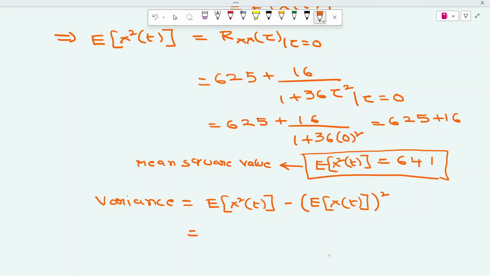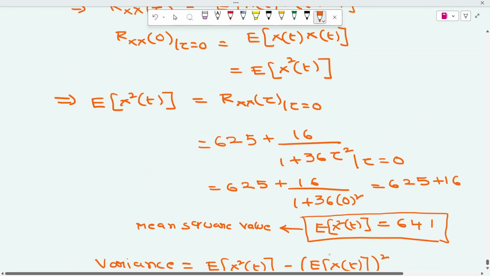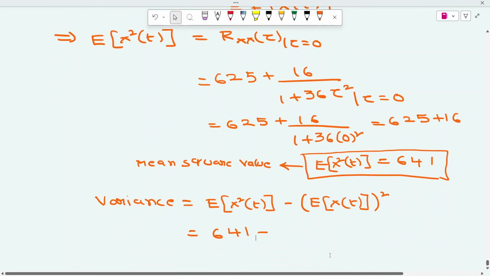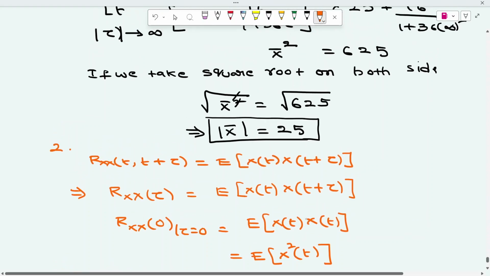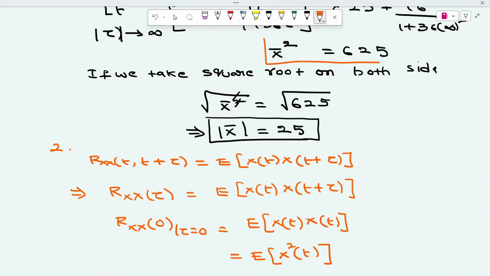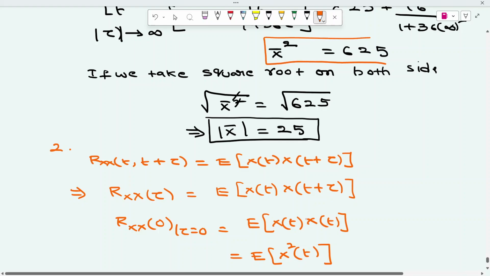We know both the values. Expectation of x square of t is 641, minus expectation of x of t whole square, which is the mean value square, and the mean value square is 625.